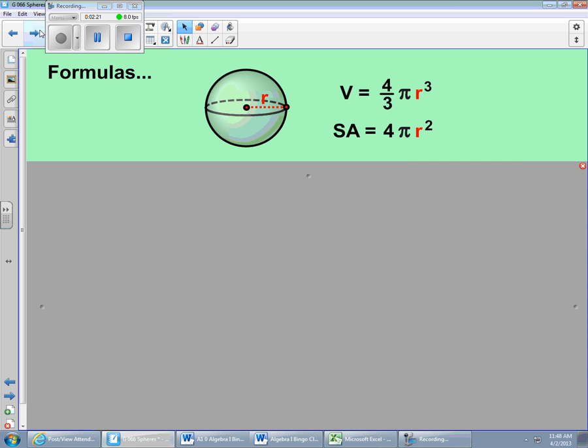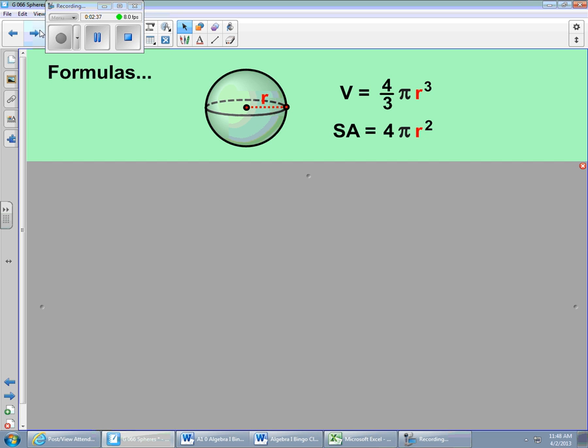To calculate the volume of a sphere, it has a coefficient. The coefficient is 4/3, and then it's pi r cubed. This is a formula that you will find on your formula chart, so you don't have to worry about memorizing it. We just have to know how to use it.